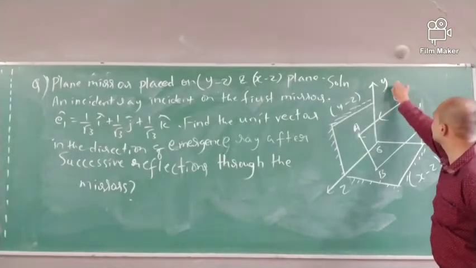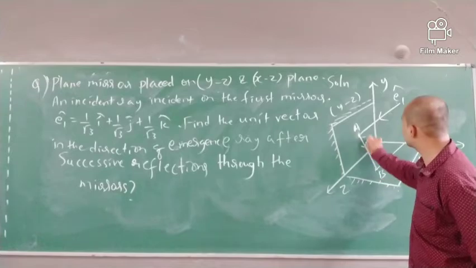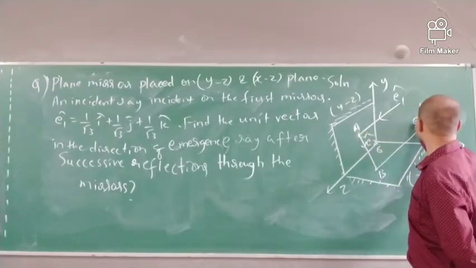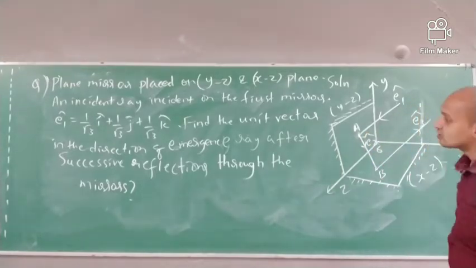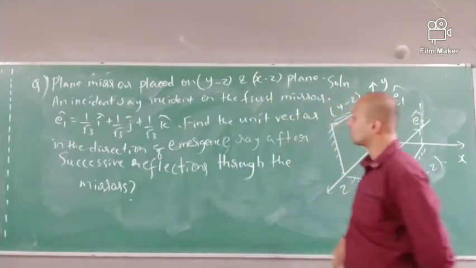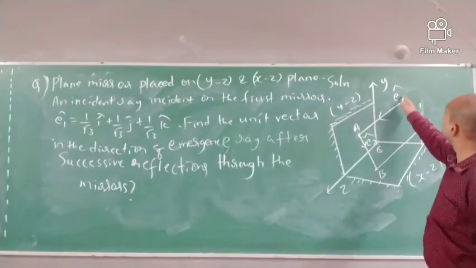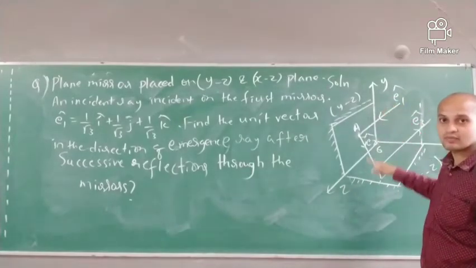Let us take this as I cap. This direction is E2 and this direction is E3. So find the unit vector in the direction of the emergence ray after successive reflection. I have taken the incident ray direction as E1.